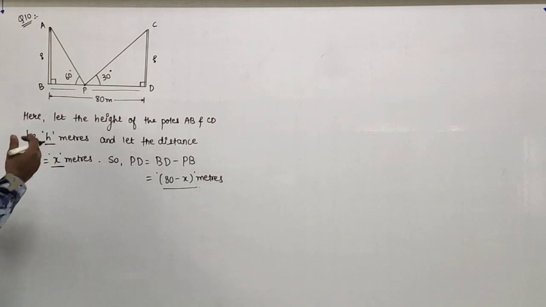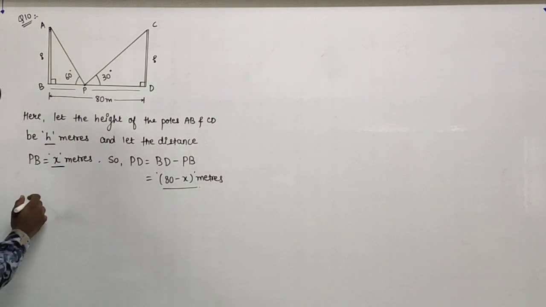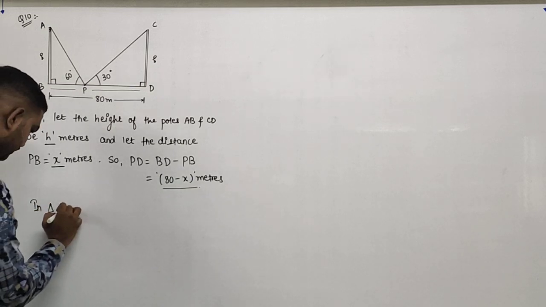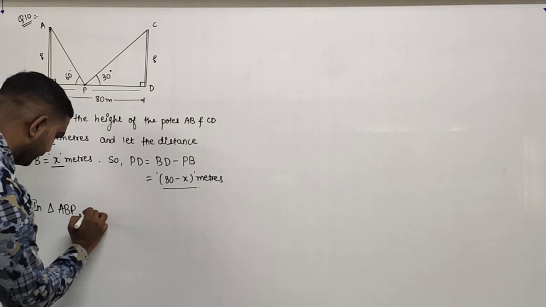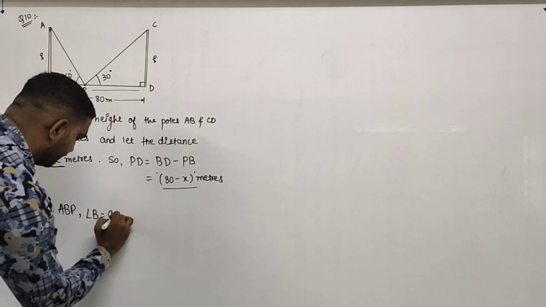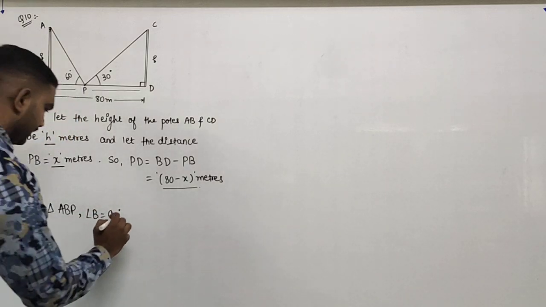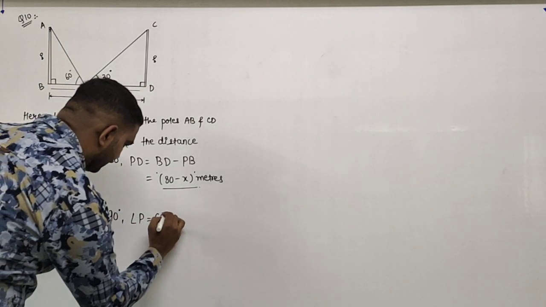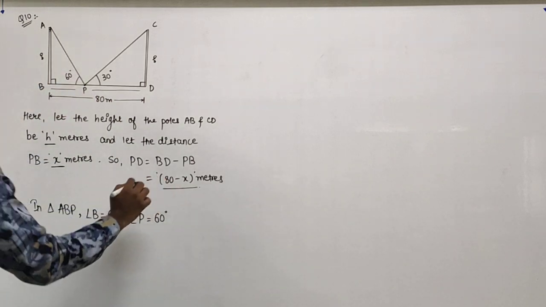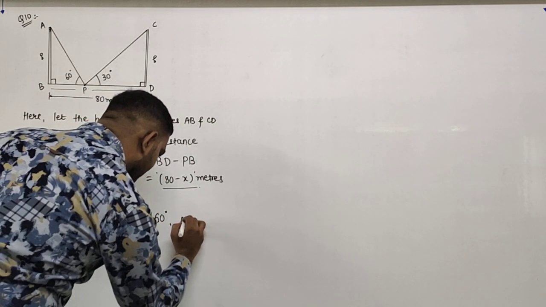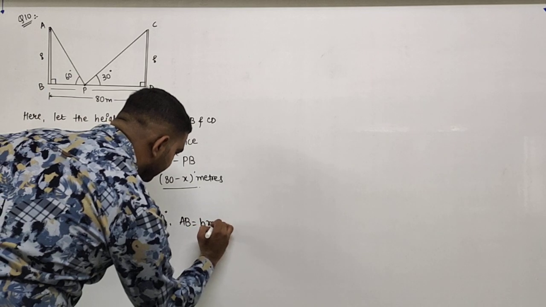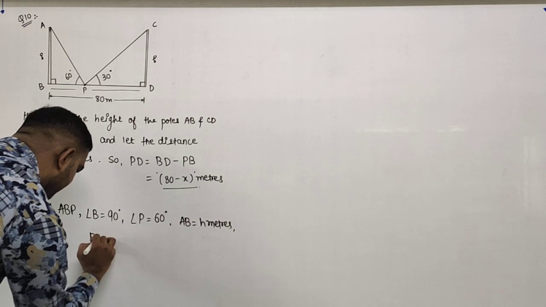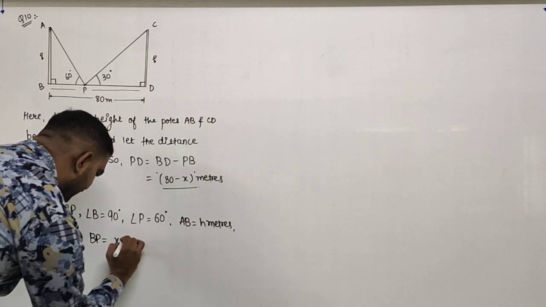Now, as we are having two triangles, the first one is ABP and the second one is CDP. We can apply the trigonometric ratios in both. So let us write down in triangle ABP, angle B is equal to 90 degree, angle P is equal to 60 degree, and AB is equal to h meters, BP is equal to x meters.